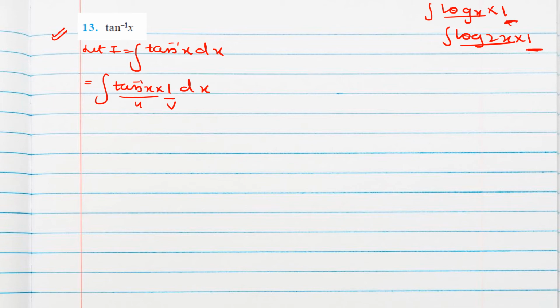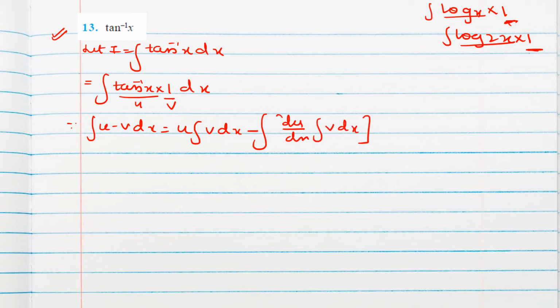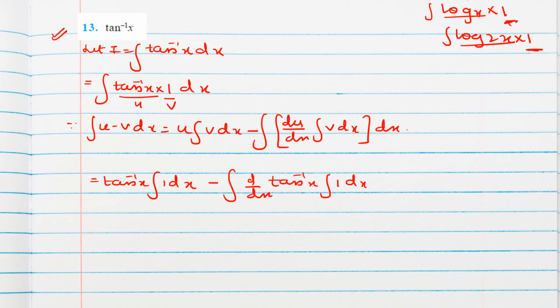Since the integral of u into v dx is u times the integral of v dx, minus the integral of the derivative of u times the integral of v dx, we get tan inverse x times the integral of 1 dx, minus the integral of the derivative of tan inverse x times the integral of 1 dx. The integral of 1 dx means x only.